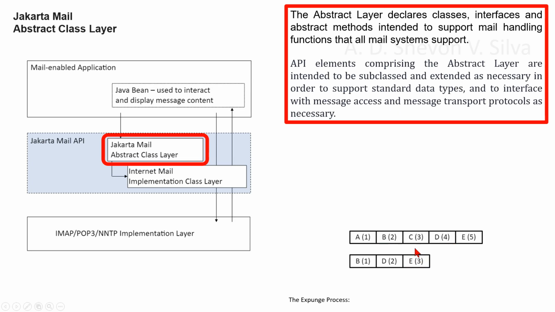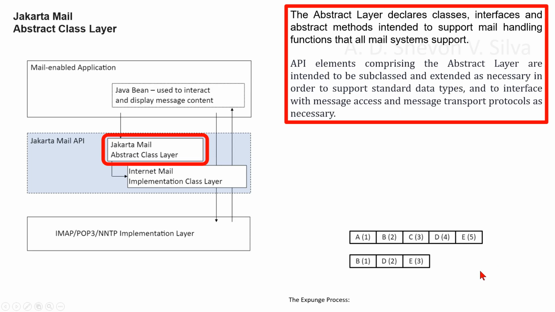Thus, if a folder has 5 messages, as shown here, with sequence numbers within the parentheses, and if the client is notified that messages A and C are removed, it should account for the renumbering of the remaining messages as shown in this second figure. The next point: the client should prune expunged messages from its internal storage as early as possible.